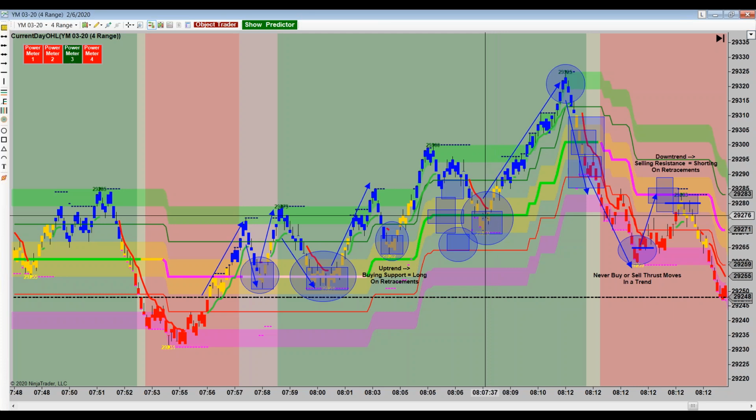If it comes to 75, 76, 70 area and bounces, I'm going to get long. If you ever hear that in the room, Gary says it on oil, I say it on ES, whatever chart it is, that's what we're talking about.